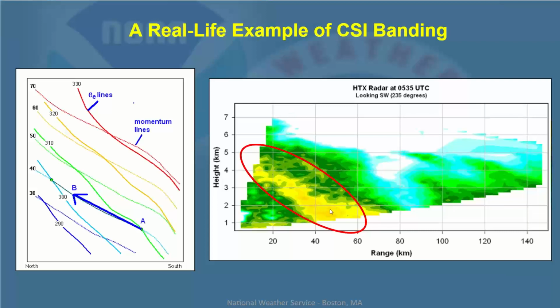On the left-hand side, notice the dotted lines that are labeled momentum lines. Basically, when you advect wind or airflow over lines of different magnitude, in this case the momentum gradient, you generate instability.